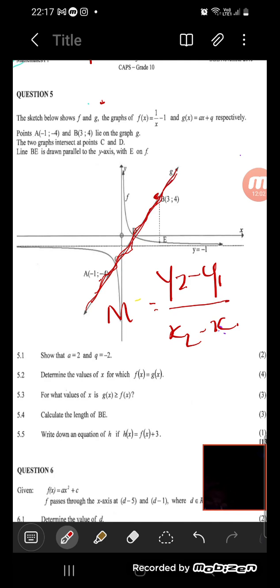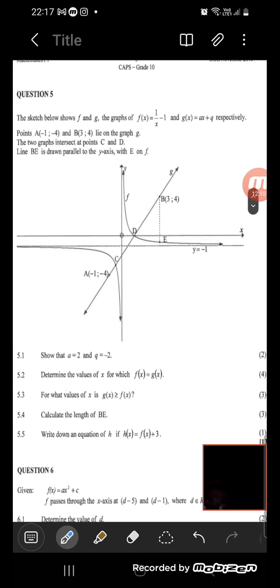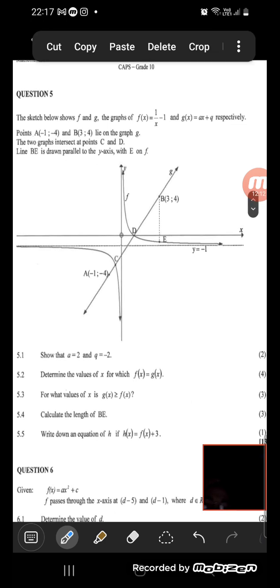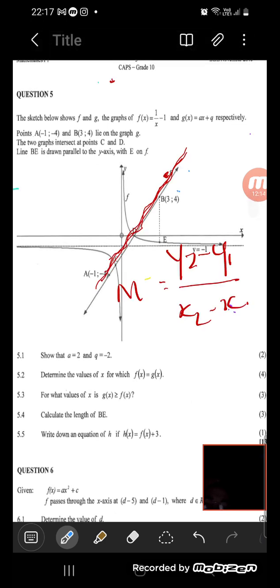Okay, so I've got 2 points. y2 minus y1. What's y2? y2 is 4 minus, now put that minus in.